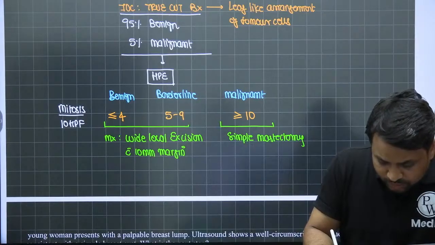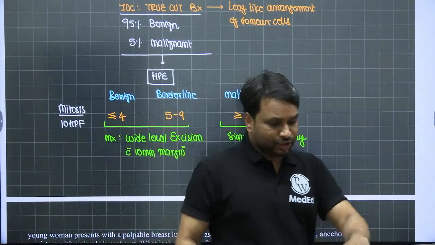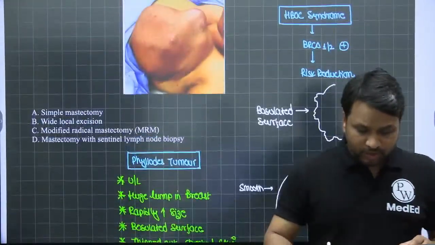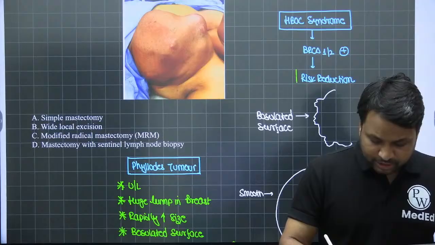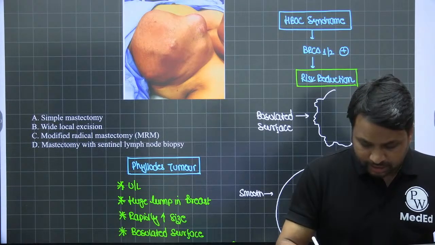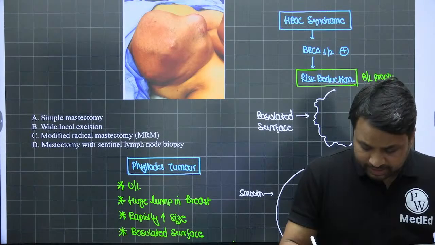Because usually lymph nodes are spared in phylloides tumor, you don't need to do a lymph node dissection. Now, that's the baseline data. Coming back to your HBOC syndrome, the risk reduction strategy that I can offer the patient is going to be a bilateral prophylactic mastectomy.